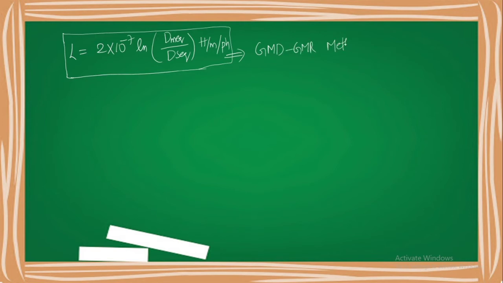The GMD GMR method is one way of finding the inductance per phase, and another method is the flux linkage method, which can be obtained from the basics of physics.